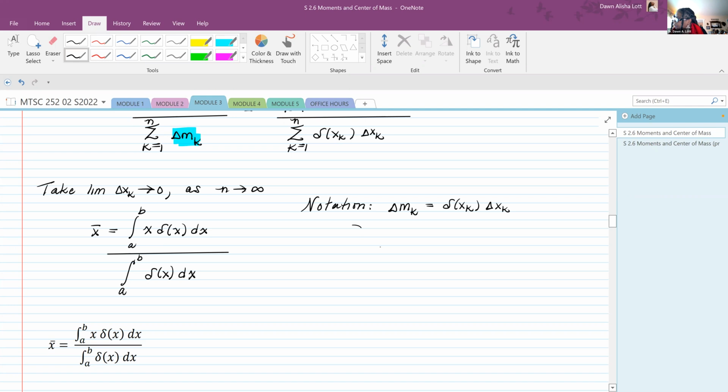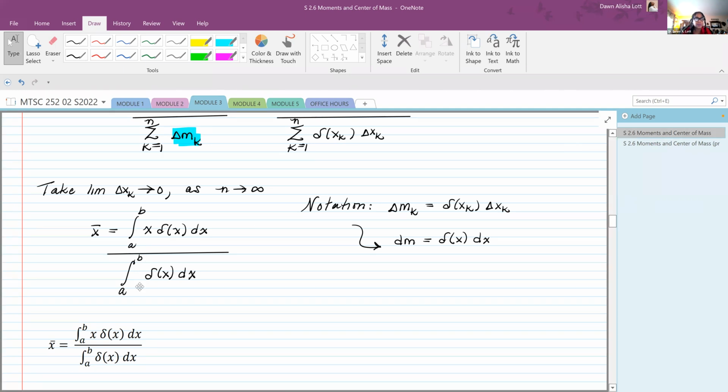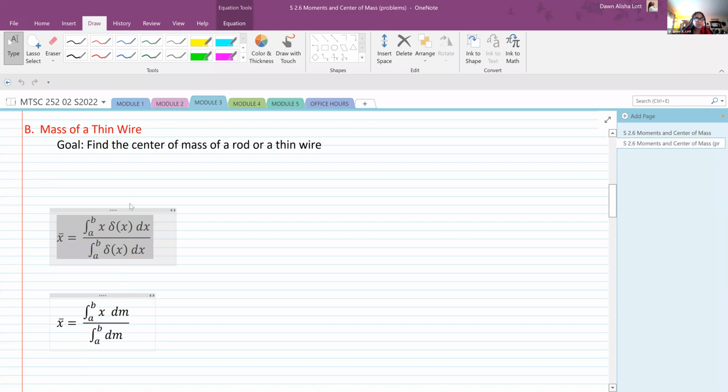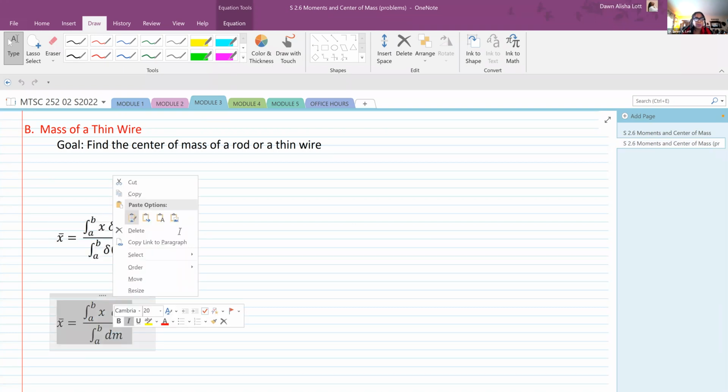And so that goes to dm is equal to delta of x times dx. So when we use that, we get another formula, which is this one.